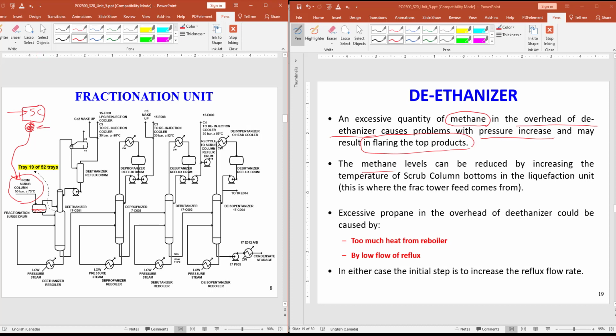So if we add some heat or increase the temperature here, we can separate methane from this stream. So we can send feed that has a lower amount of methane to the de-ethanizer. This is the way that we can adjust the amount of methane, and we avoid methane going to the de-ethanizer.